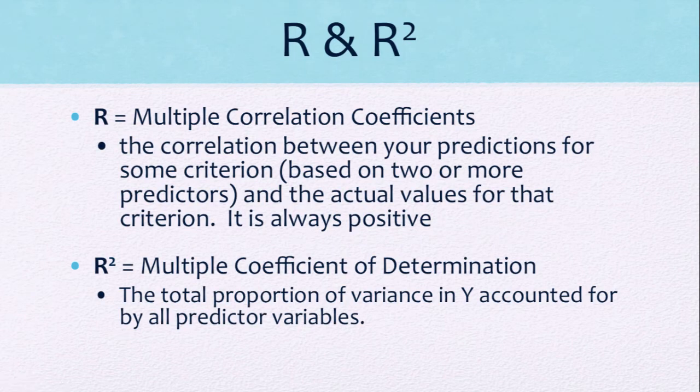Capital R is also called the multiple correlation coefficient, and it essentially measures the relationship between the predictor variables and y. Capital R squared is called the multiple coefficient of determination, and this tells us the total proportion of variance in y accounted for by all predictor variables, or the multiple regression equation.